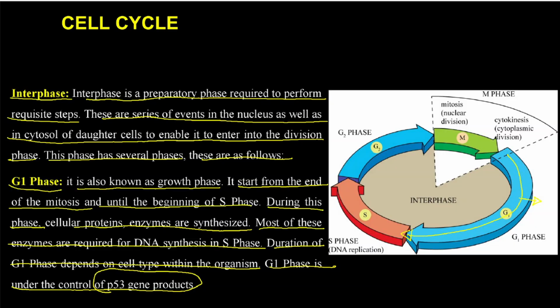Okay, so another thing which is required during a cell division or cell cycle will be checked in this phase only, whether I have the ample amount of each and everything or not, and if not, it will be synthesized in this phase only. Okay, so duration of G1 phase depends on the cell type within the organism.